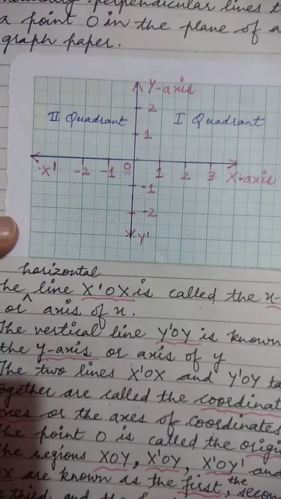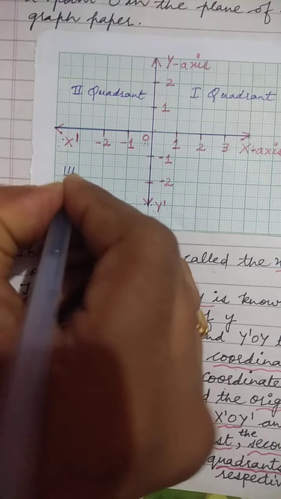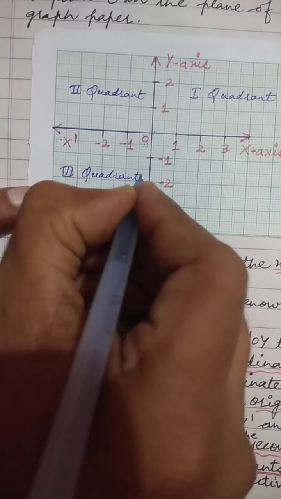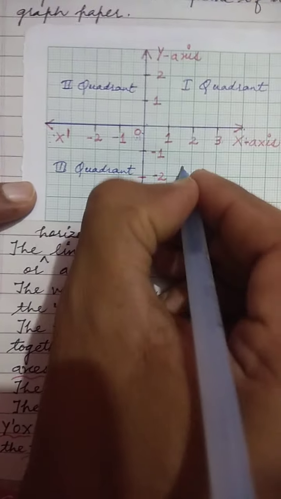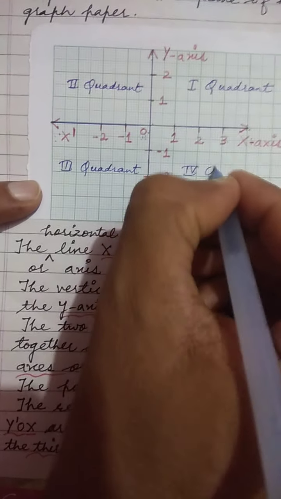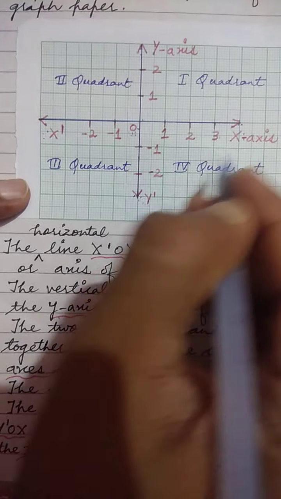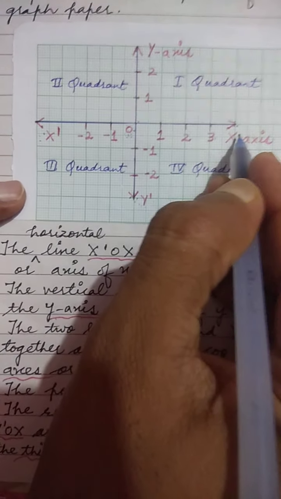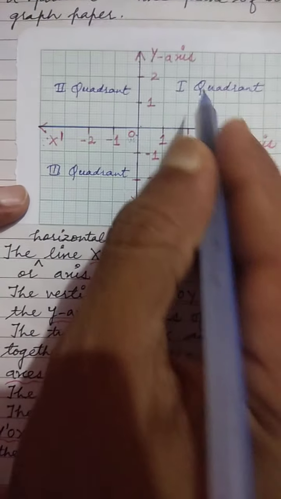The third region is X'OY', so we call it the third quadrant. And the fourth region is Y'OX, so that's why we call it the fourth quadrant. So we see that the two axes XOX' and YOY' divide the plane into four quadrants.